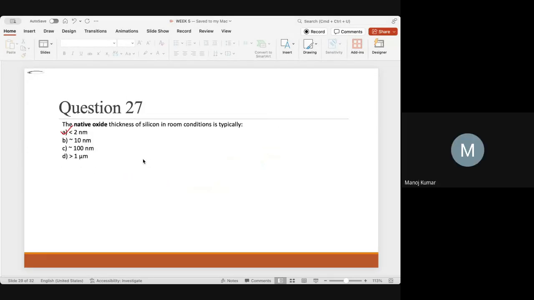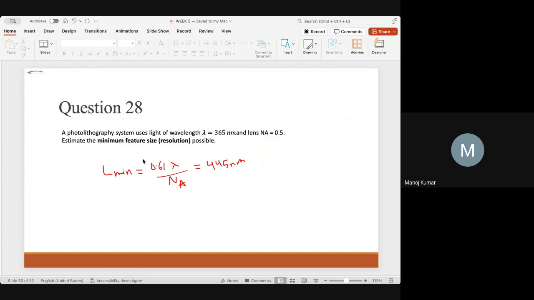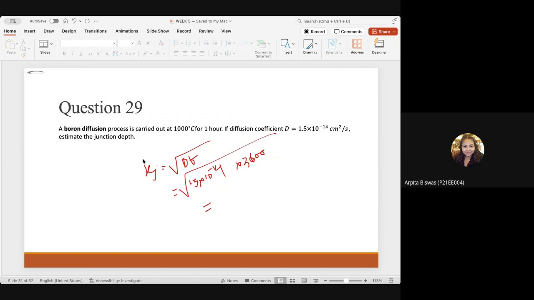It is 7.3 micrometer, or 0.073 micrometer. Just calculate this point. I got 7.3 into 10 power minus 7. Ma'am, 7.3 into 10 to the power minus 6 centimeter.